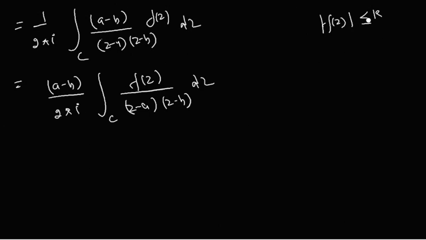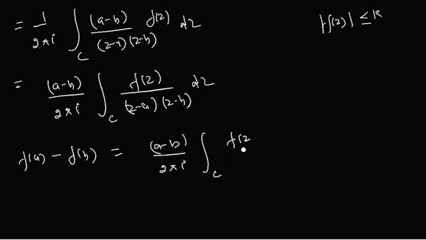Okay, so f of a minus f of b equal to a minus b upon 2 pi i integration over C f of z upon (z minus a) and (z minus b). Okay, so because the function is constant, we can take the value mod of f of z is equal to k.